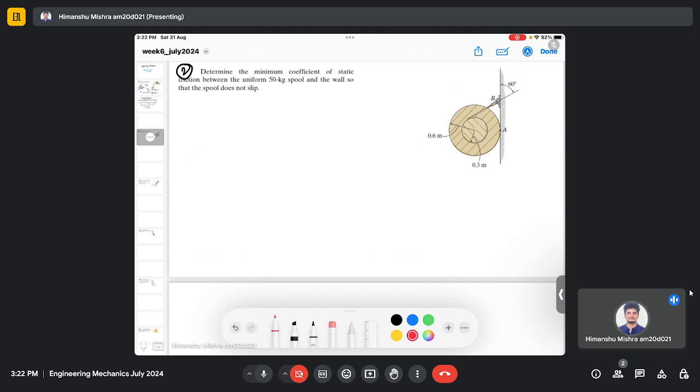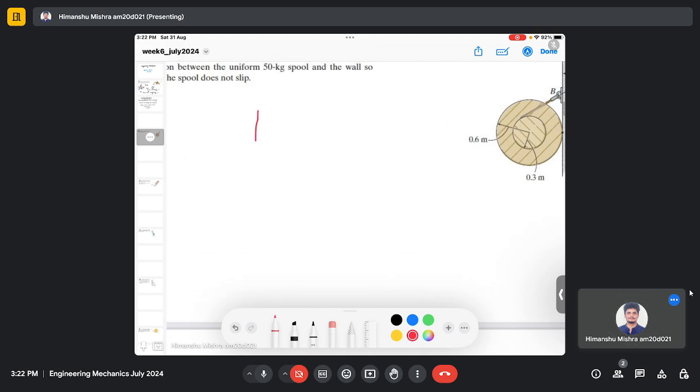So first, as usual, you have to make the free body diagram. Just assume that this circle is in contact.